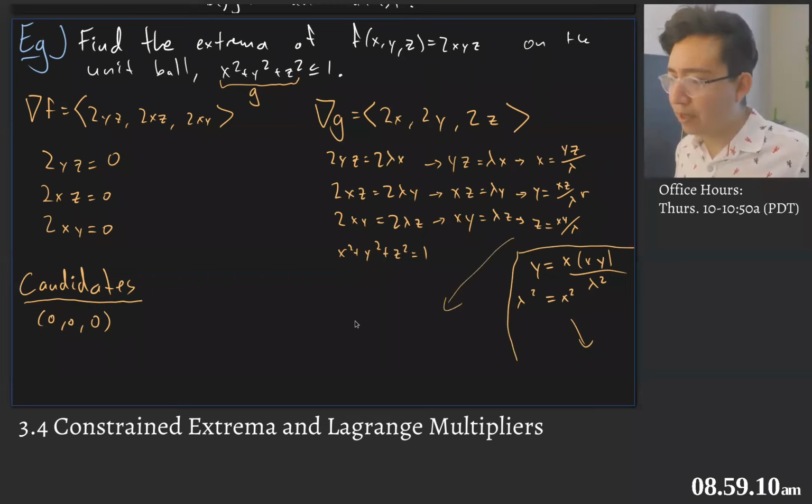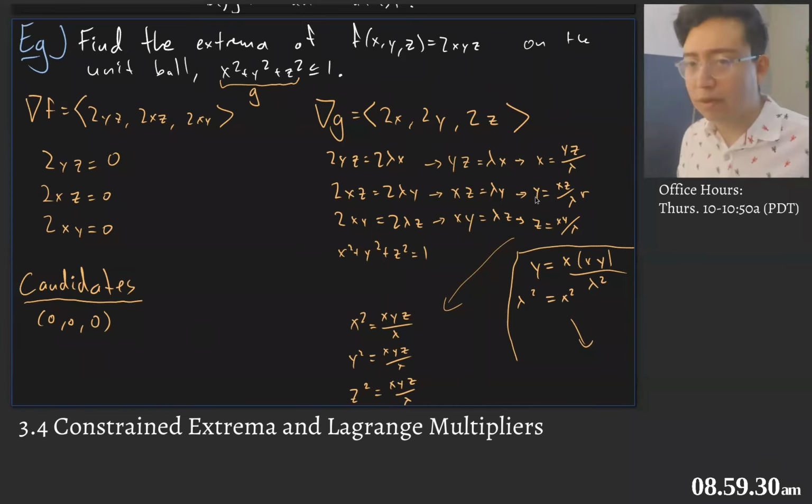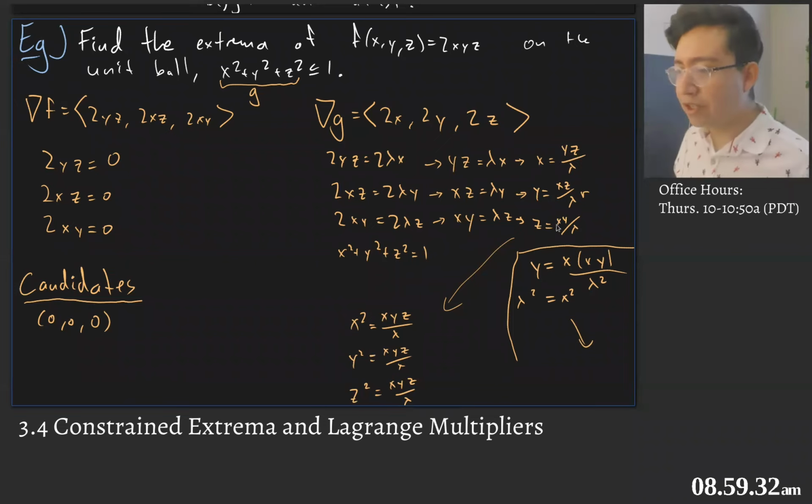And so you get x squared equals xyz over lambda, y squared equals xyz over lambda, and z squared equals xyz over lambda. So multiply the first equation by x, the second by y, and the third by z, and you get exactly this.